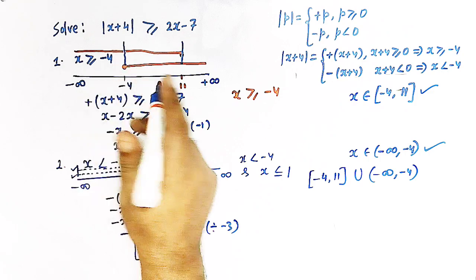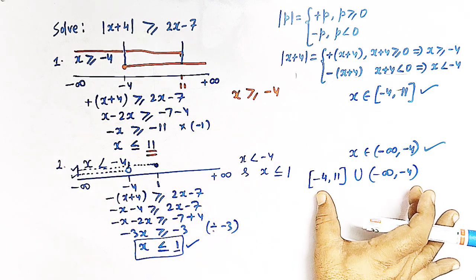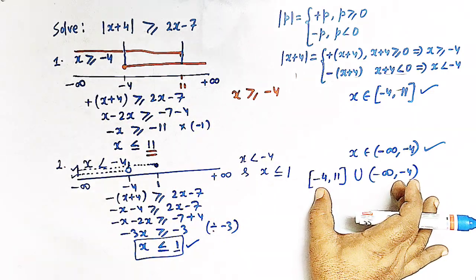So the combined solution is given by the union of these two intervals.